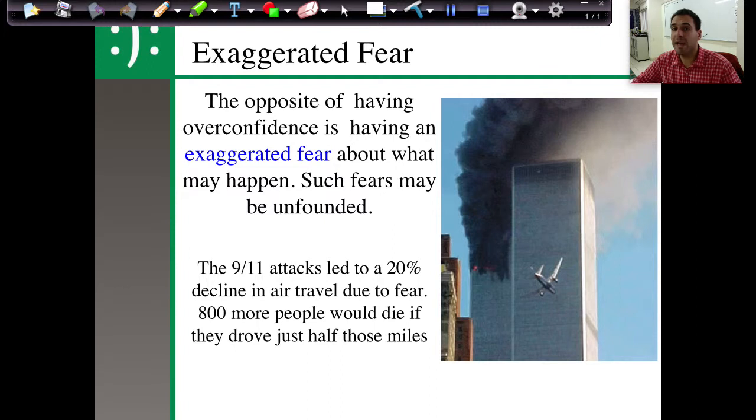So we have exaggerated fear, because the opposite of overconfidence is having an exaggerated fear about what may happen. Such fears may be unfounded. We have fears about something that is almost impossible to happen again, but people often worry about it so much. For example, the 9/11 attacks on the US led to a 20% decline in airline travel due to fear. 800 more people would die if they drove just half those miles.